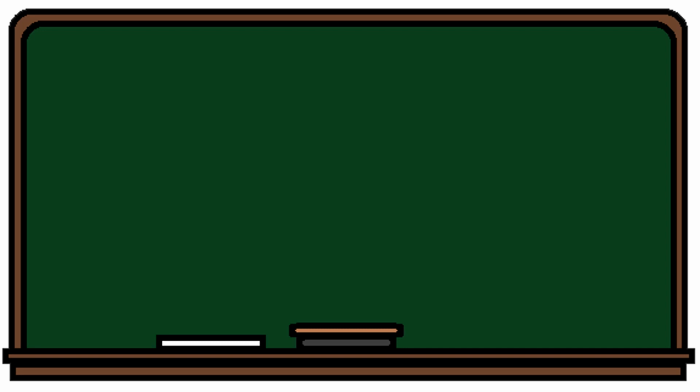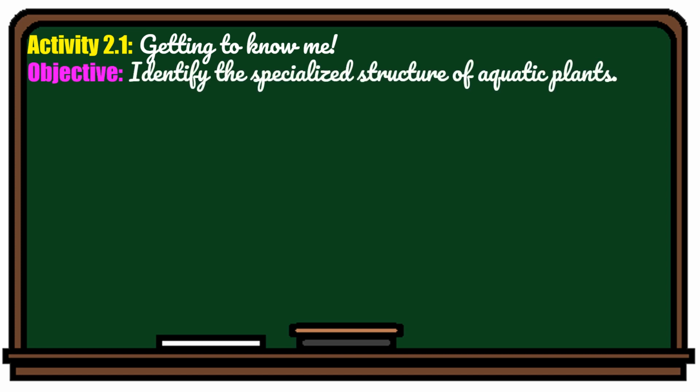After learning the characteristic and specialized structures of aquatic plants, let's have an activity. Our activity is entitled Getting to Know Me. For our objective, you are going to identify the specialized structure of aquatic plants.